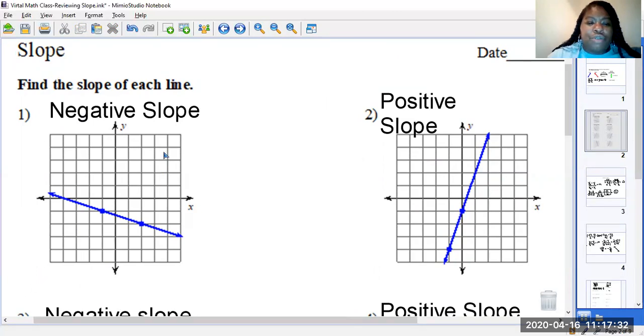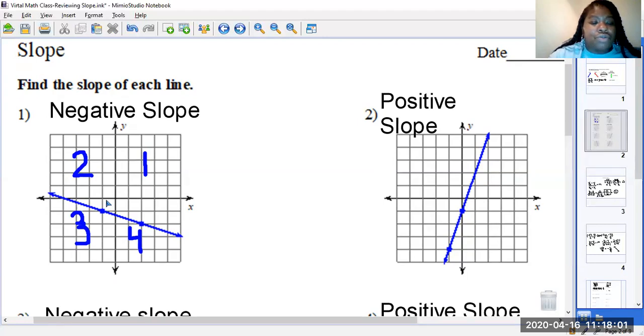So this quadrant would be quadrant 1. This will be quadrant 2. This will be quadrant 3. It's an ugly looking 3. Make it work. And this is quadrant 4. Okay. So in quadrant 1, your X values and your Y values are positive. So everything is positive in quadrant 1.